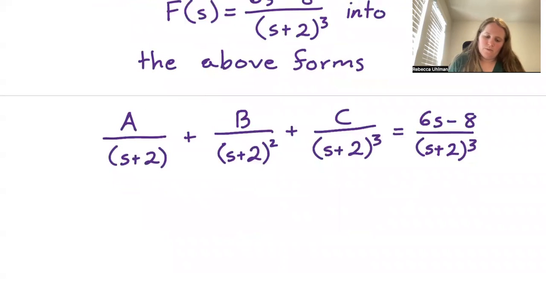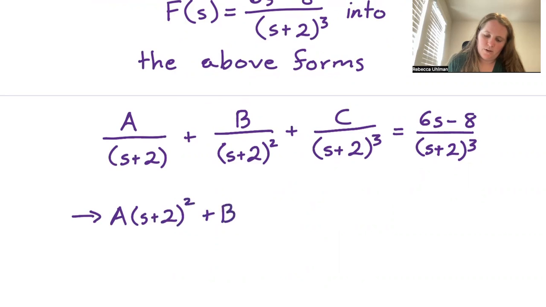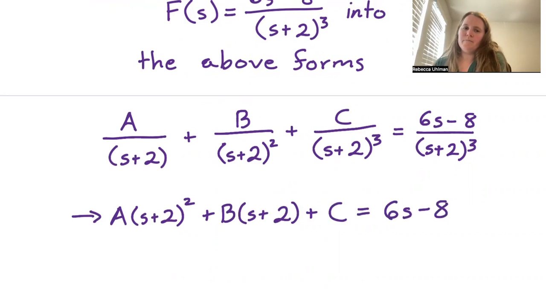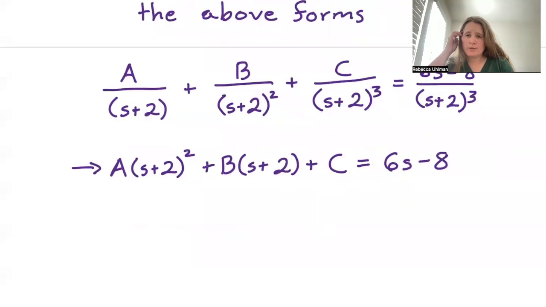So this is equivalent to A times s plus 2 squared plus B times s plus 2 plus C is equal to 6s minus 8. Sorry about the break. So from here, we have some tricks that we can play.